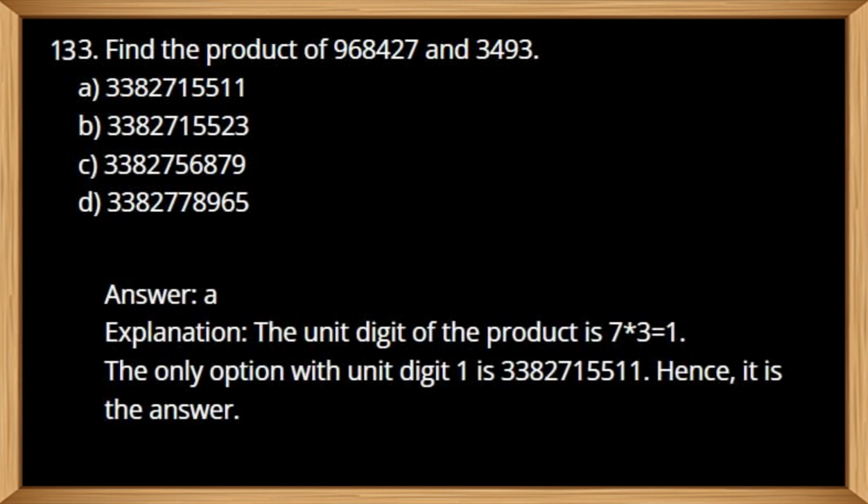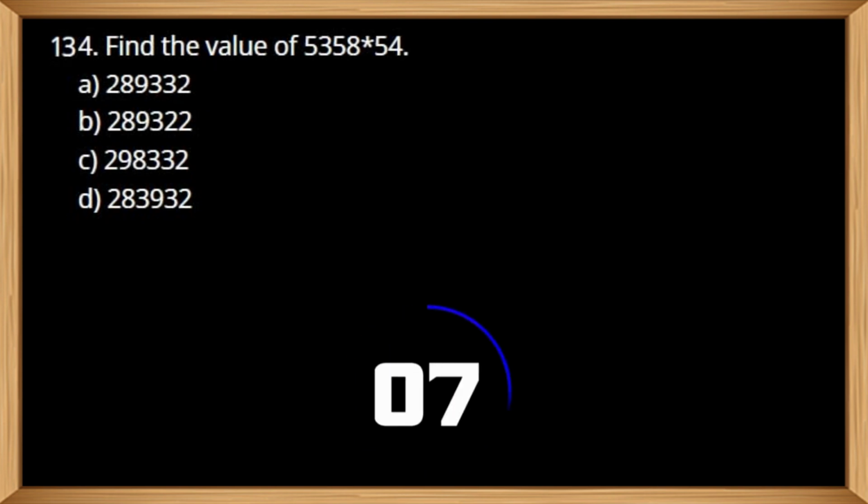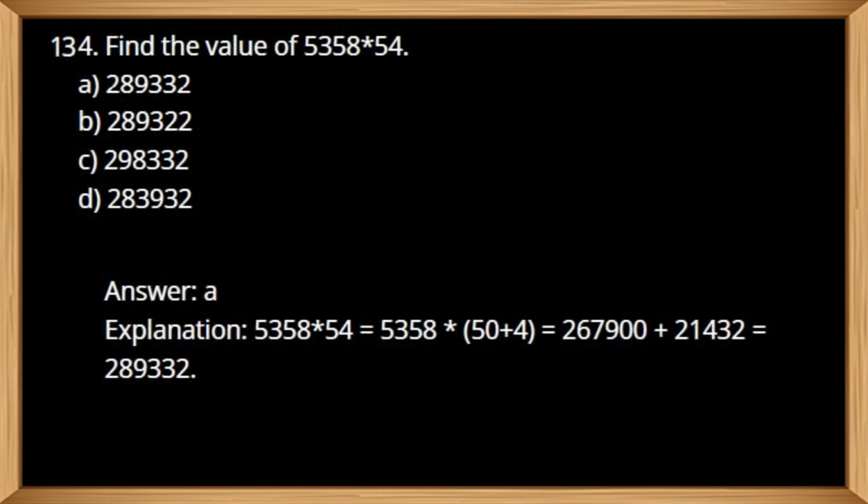Option A: 3382715511. The value of 5358 into 54. Option A: 289332.